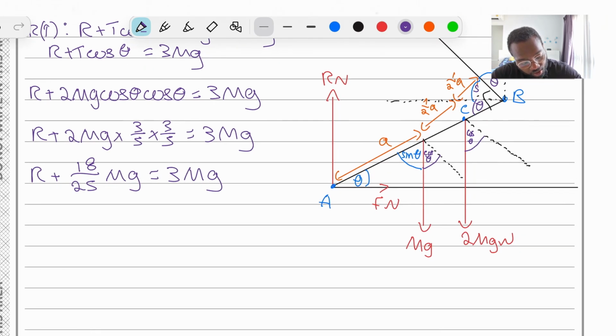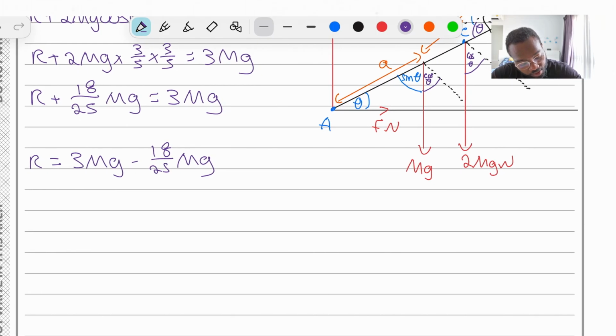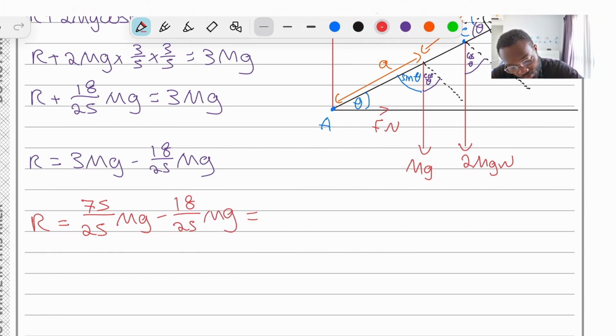That means R is equal to 3mg minus 18 over 25 mg. If we make 3 a fraction over 25, that would be 75 over 25 mg minus 18 over 25 mg, which equals 57 over 25 mg.